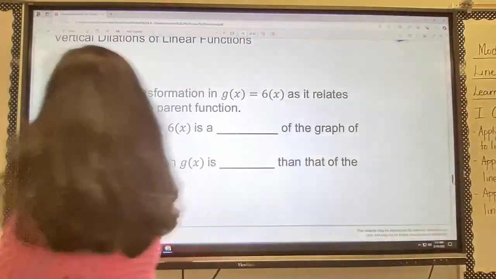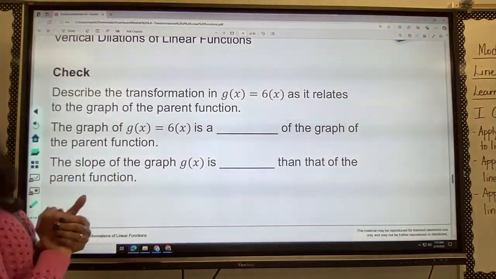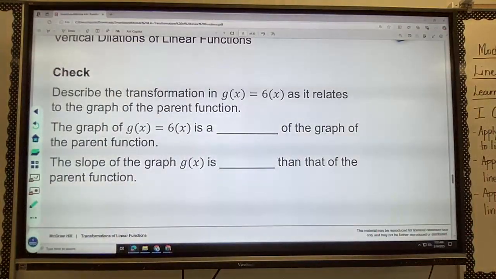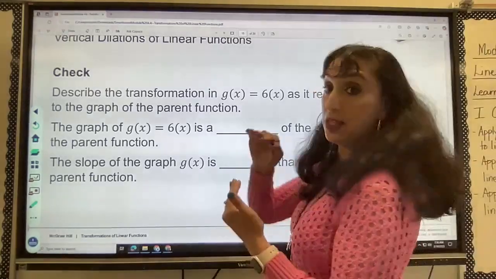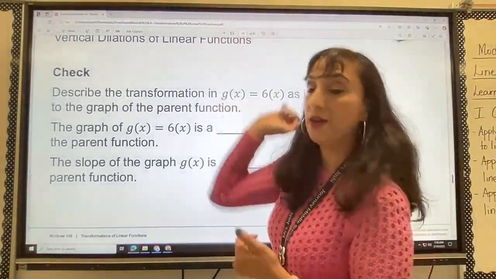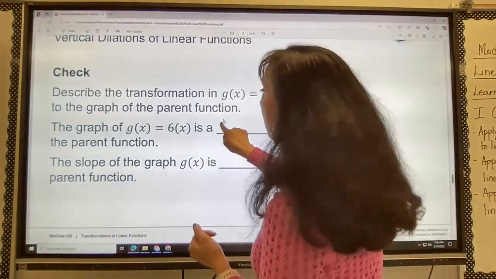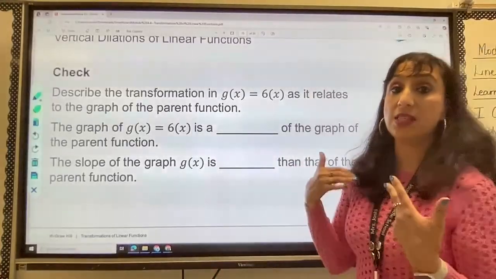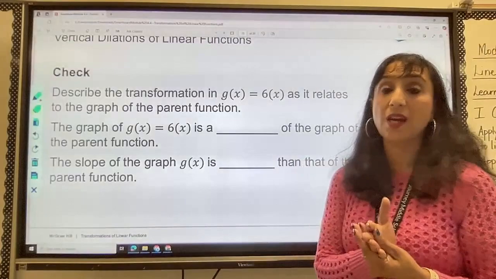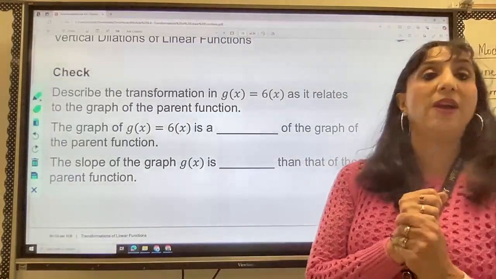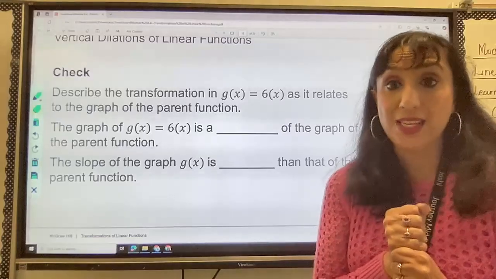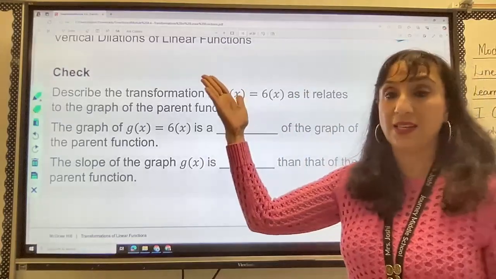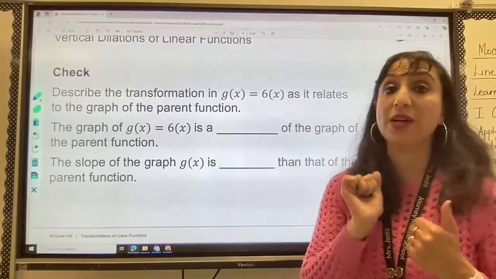So the graph of g of x is equal to 6x is going to be going this way, steeper, right? So this is a vertical stretch. Because it is steeper compared to the parent function, because the parent function is f of x is equal to x, right? And this is like 6 times that. So we know that it is going to go much steeper.